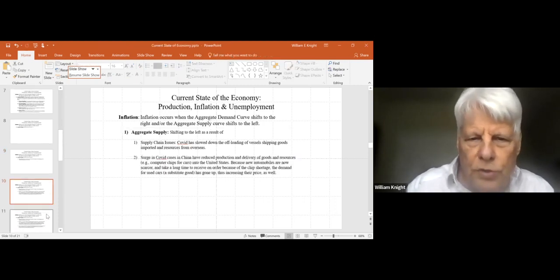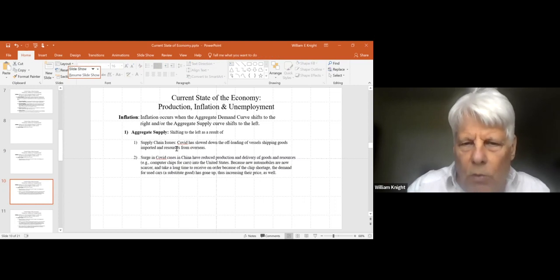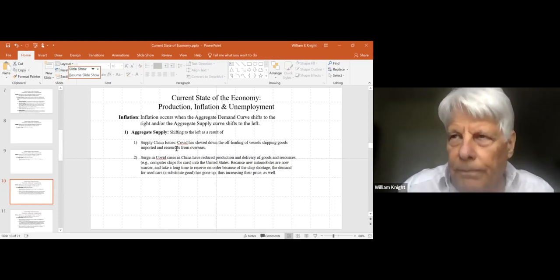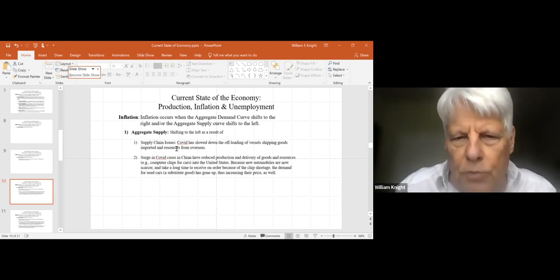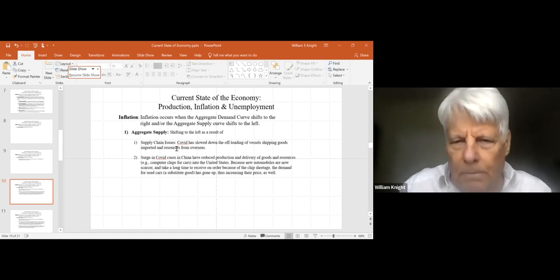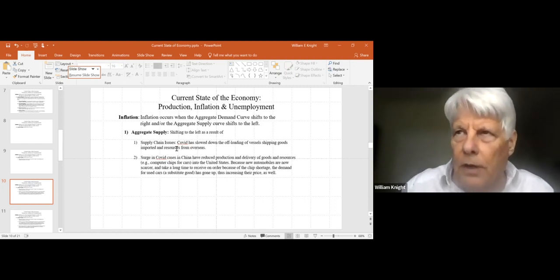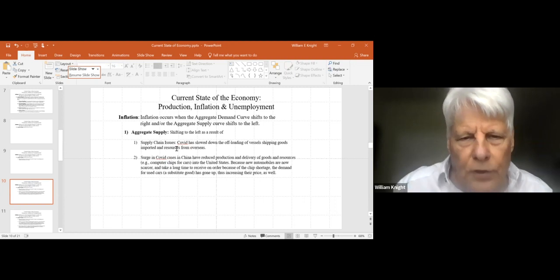What sort of resources do we import? Well, we import minerals, like those rare earth minerals to produce chips. We import nickel. There are a couple of other minerals that we have to import because we don't have a very big supply of it ourselves.